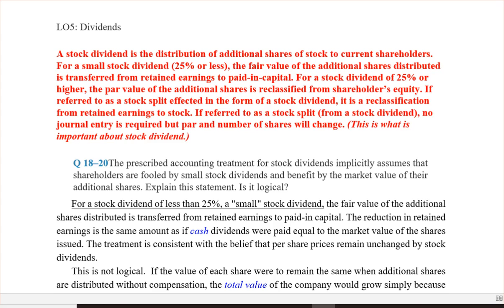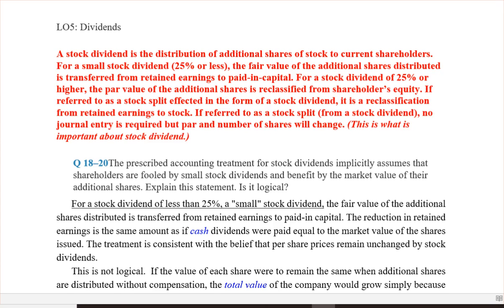If it is 25% or higher of your existing outstanding shares, then you're only going to value that retained earnings debit as the par value, and you're not going to use market value. So you're not in effect taking so much out of retained earnings.